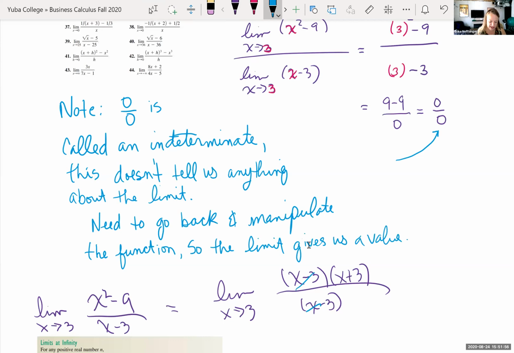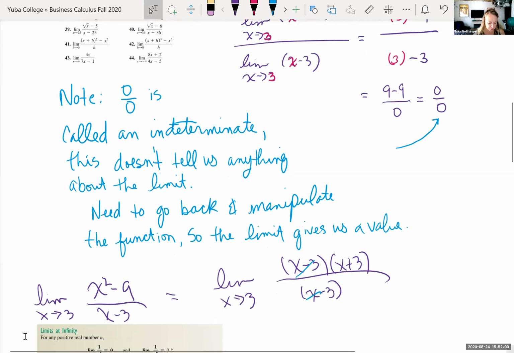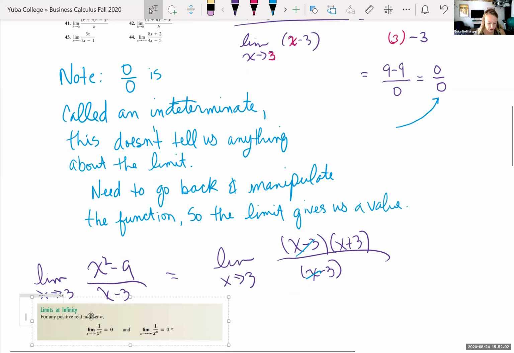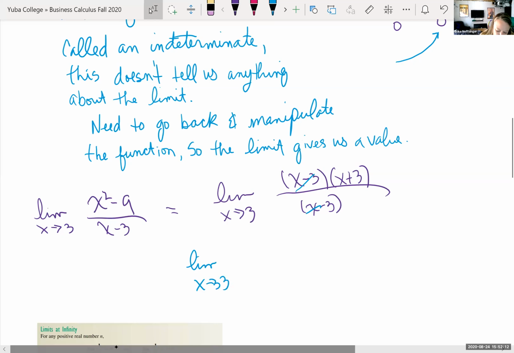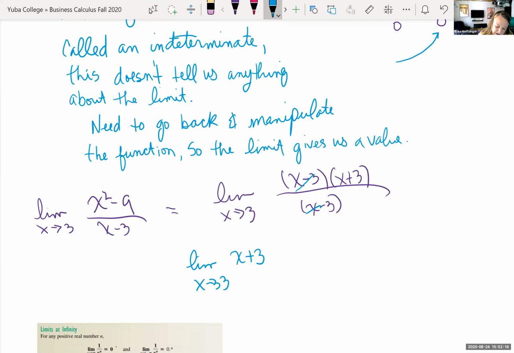And so now we're looking at the limit as x is approaching, sorry, x is approaching 3. So we're looking at the limit as x approaches 3 of x plus 3. If we go back in here, wherever we see an x, we plug in 3.